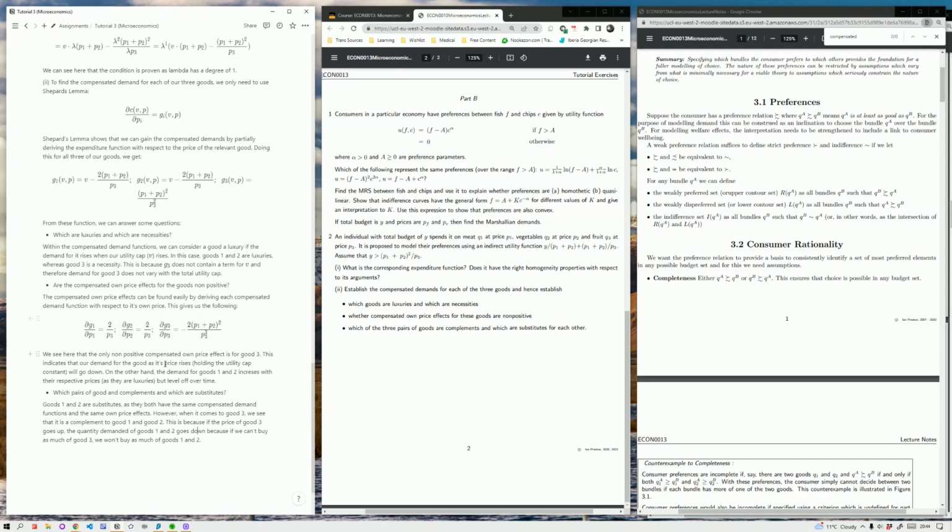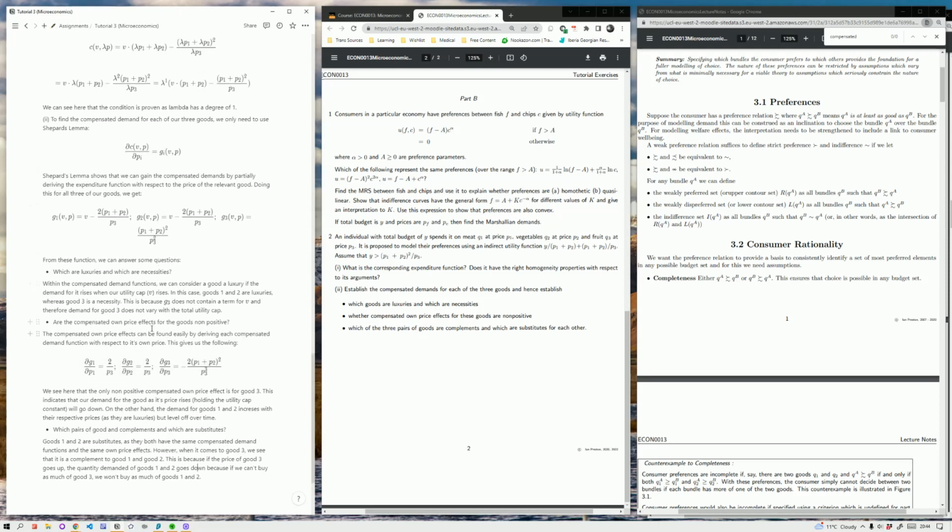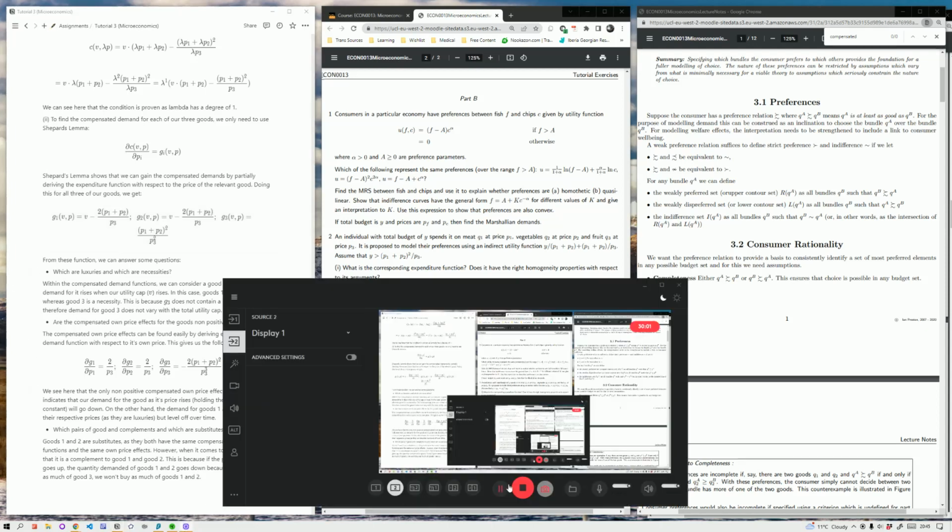Which is because the price of good 3, if I was to raise the price of good 3, the demand for goods 1 and 2 is going to go down, really. Actually, no, sorry. This is a bad example. Wait, I think I've made a mistake here. Okay, I'm pausing for a second. I think I was right.